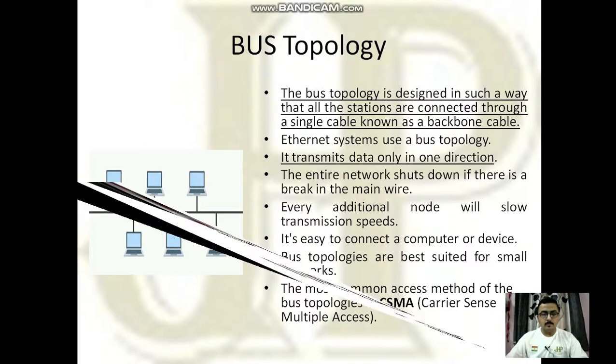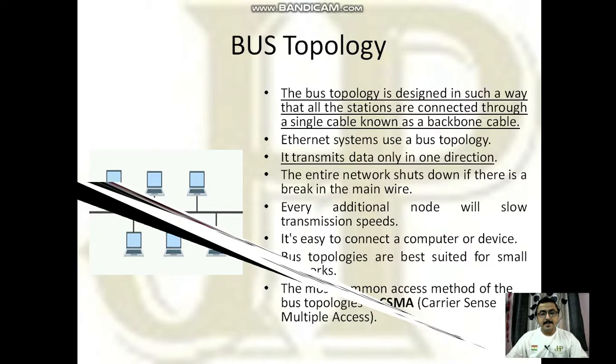We already know about the transmission media. And with the help of these drop lines, we can connect our computer to this backbone cable. And this type of arrangement is known as bus topology.